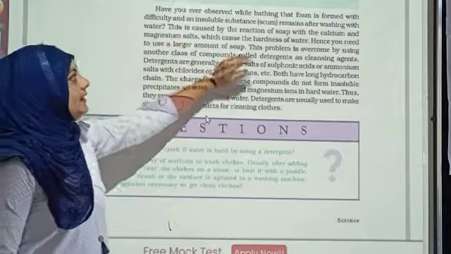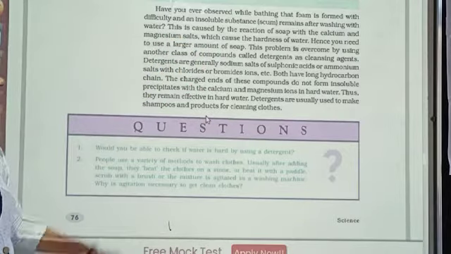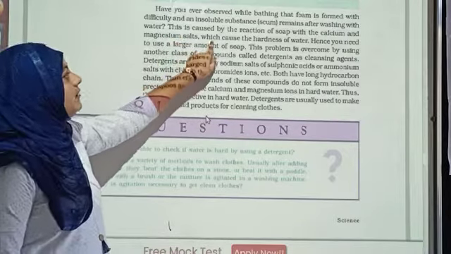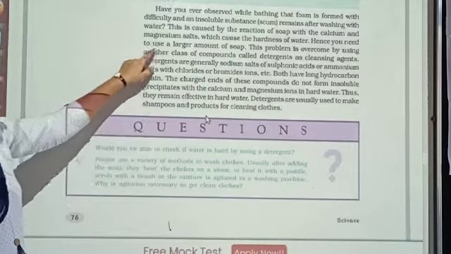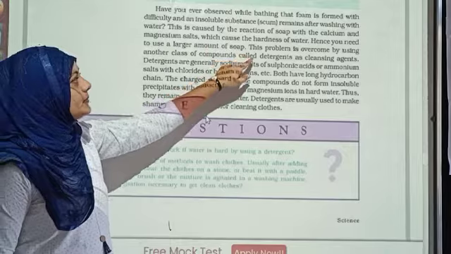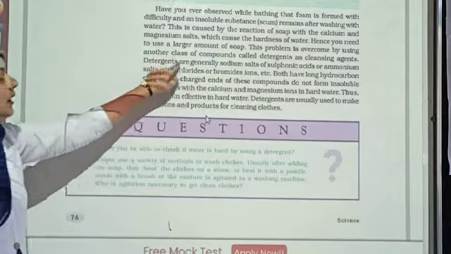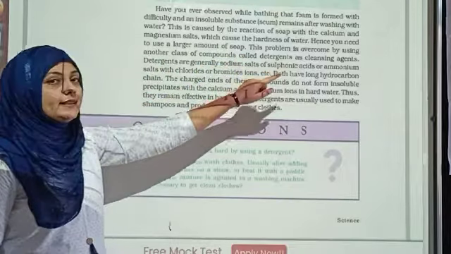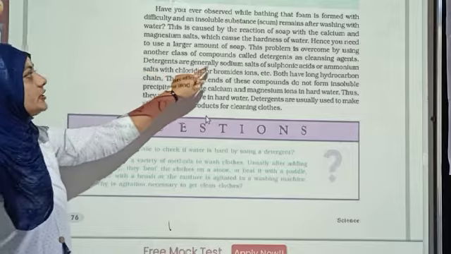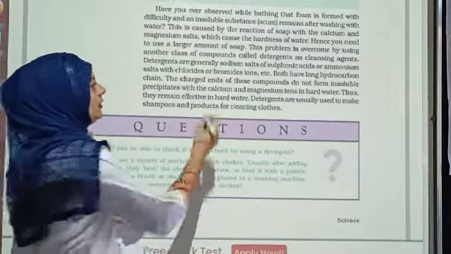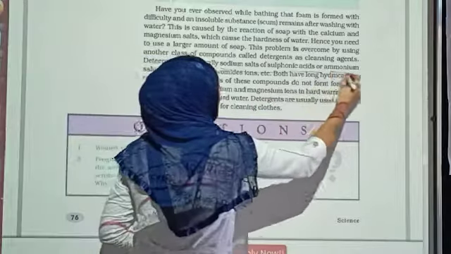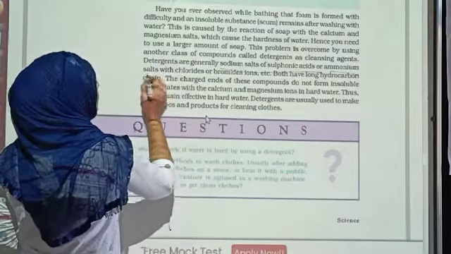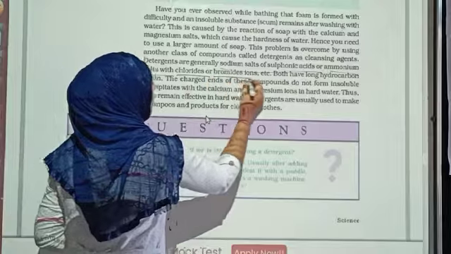This is caused by the reaction of the soaps with the calcium and magnesium salts, which cause the hardness of the water. Hence, you need a larger amount of soap. This problem is overcome by using another compound called detergent as a cleaning agent. Detergents are generally the sodium salt of sulfonic acid or ammonium salt with chloride or bromide.